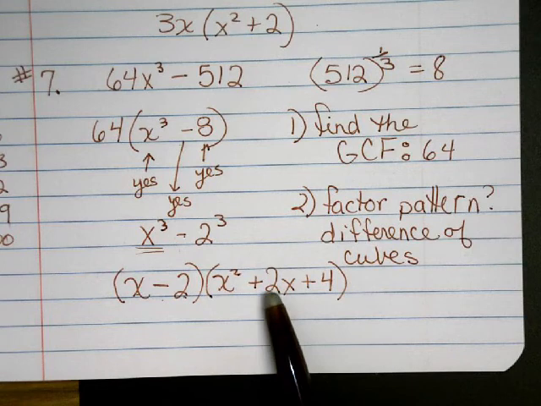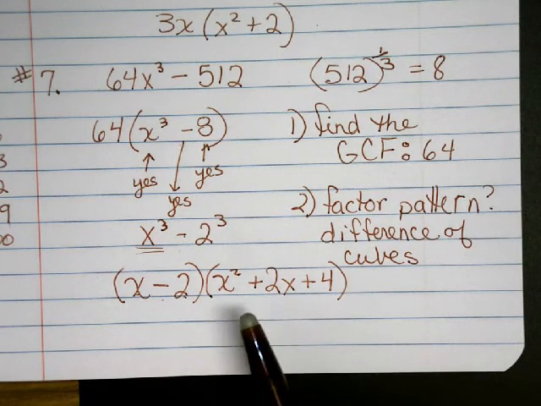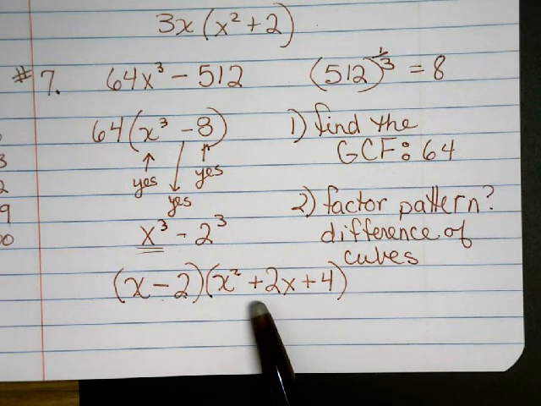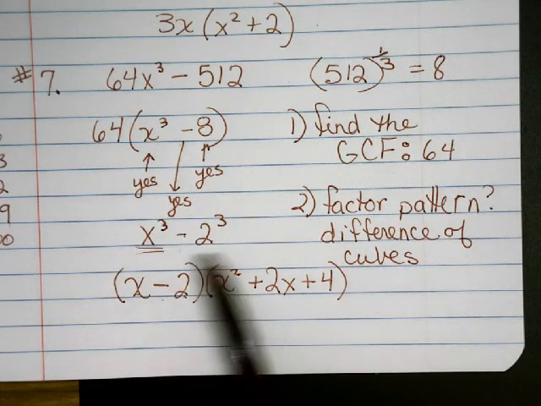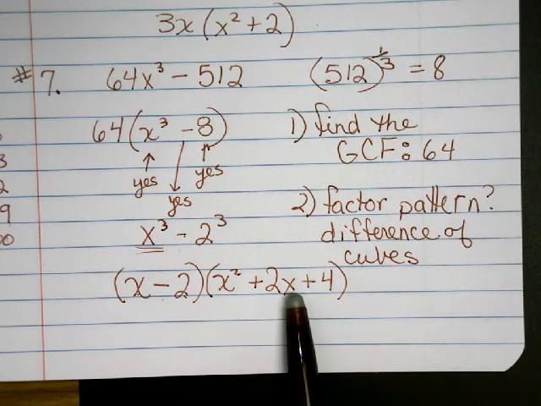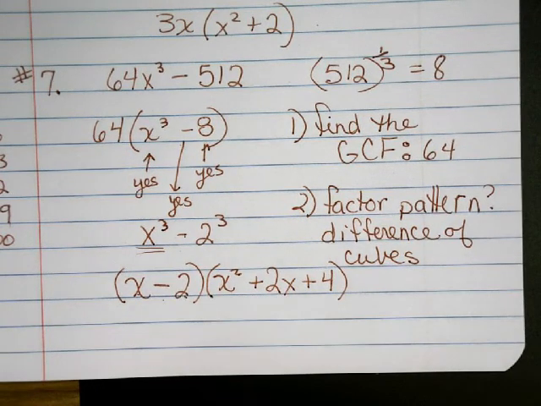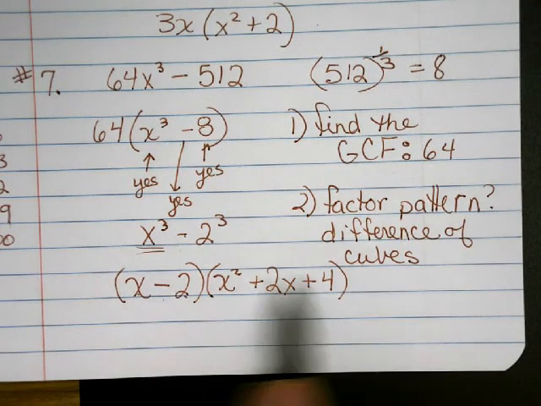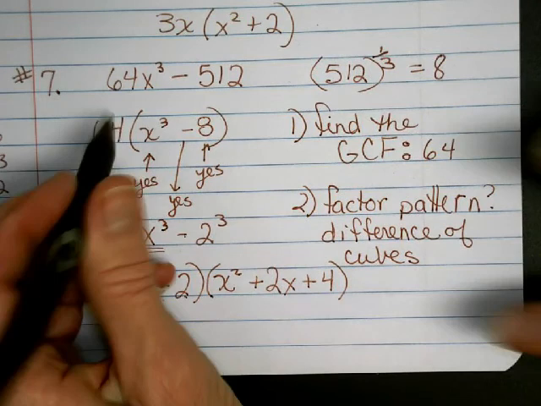And don't even try to factor anymore because they won't factor. This has not been doubled. It won't be doubled. And you'll always be done after you're all done with greatest common factor and factor patterns. You're always done when you create these two factors for a difference of cubes. Rest assured, this is finished. This is done.